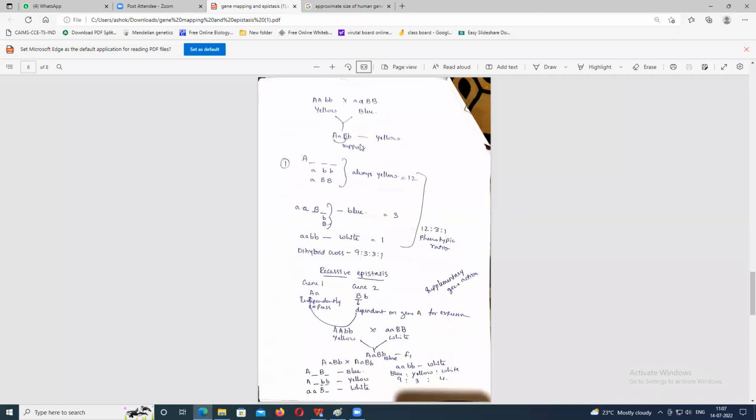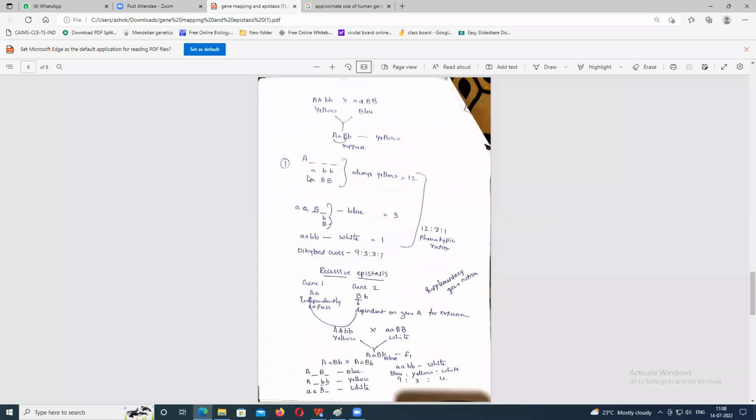Now in this organism, as A is dominant over B, what is the color given by A? Yellow. What is the color given by B? Blue. When two genes are together and A is dominant over B, the color of the offspring should definitely be yellow.